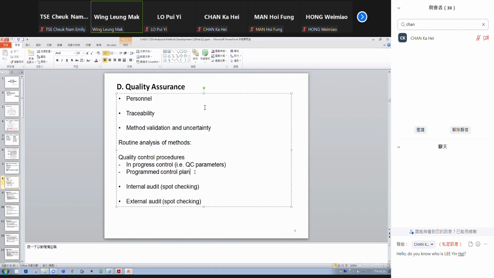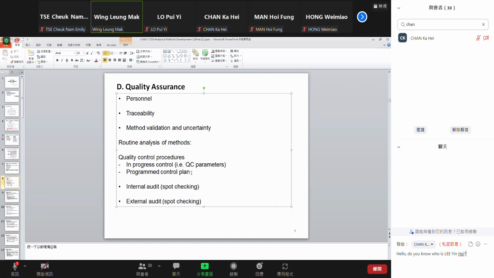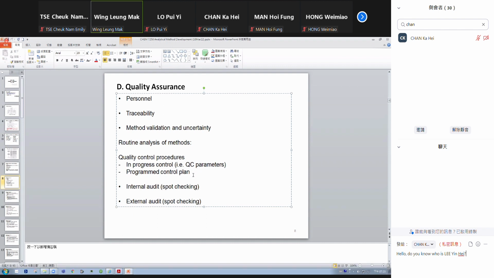Programmed control plan means it's preset in the method as a standard operation procedure that should include the QC plan, and each analysis maybe in batch. For each batch, the QC analysis should be carried out with your samples, okay, in parallel.